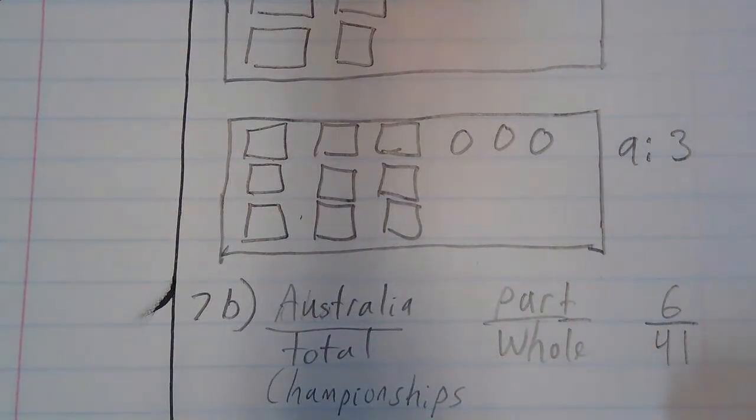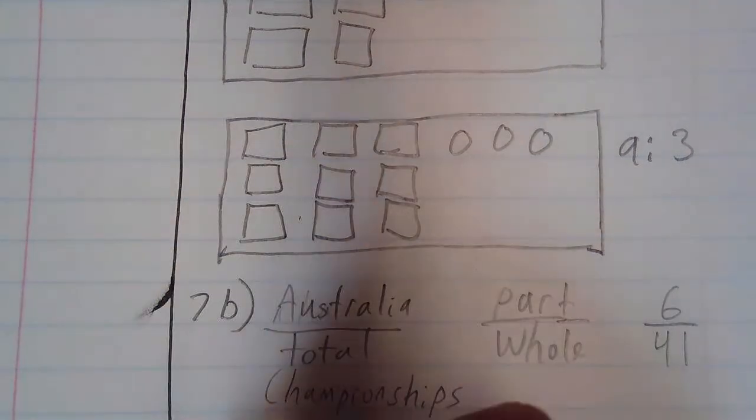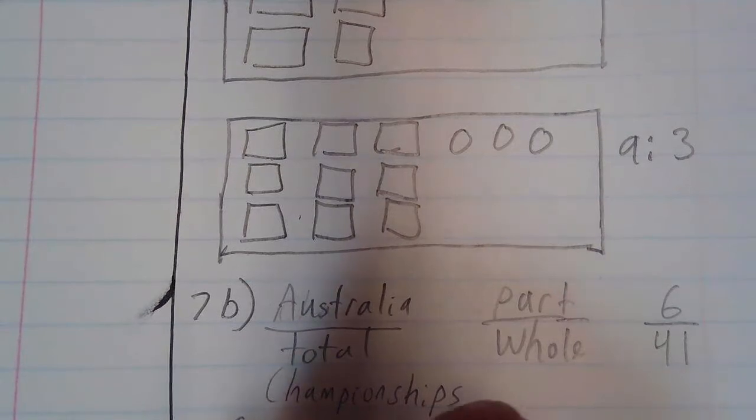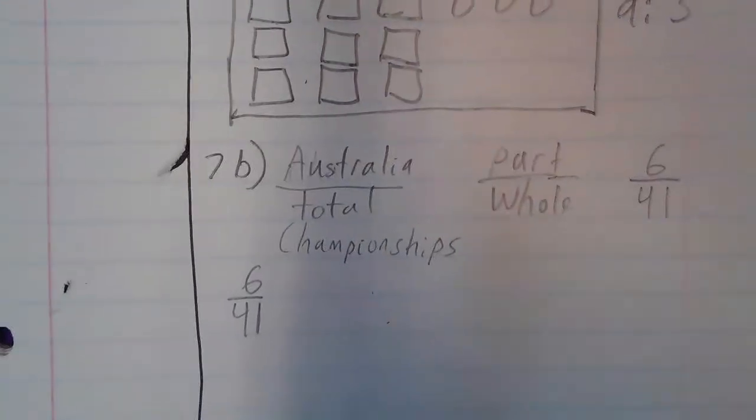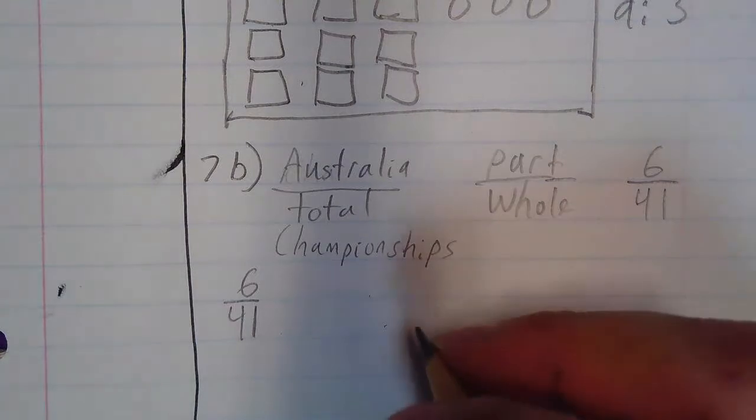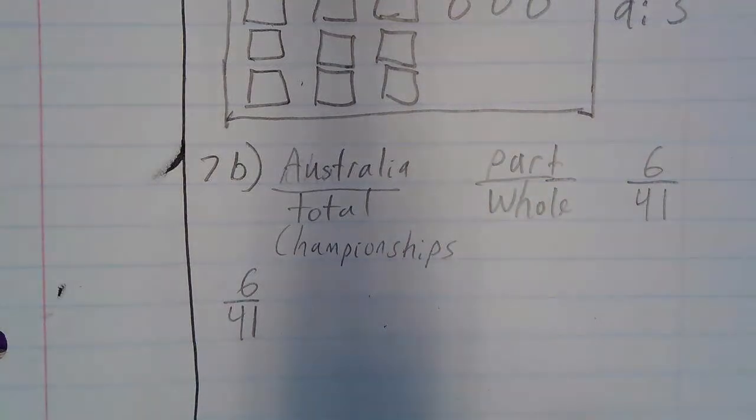Okay. Dun, dun, dun. Okay. We're looking for the GCF of 6 and 41. Oh boy.